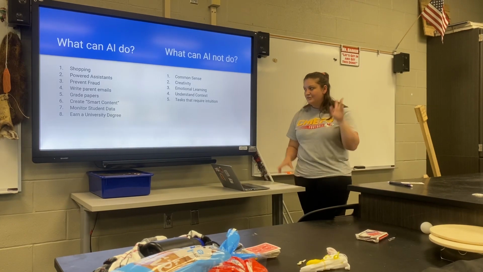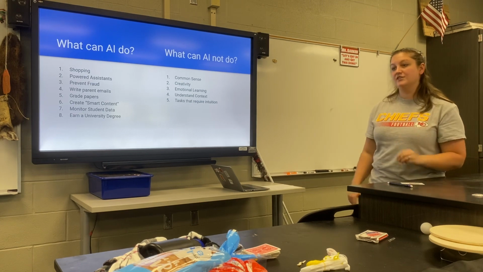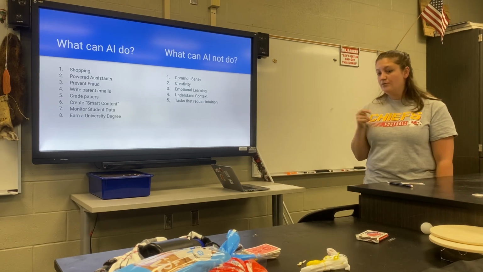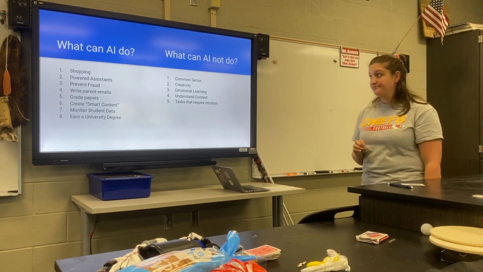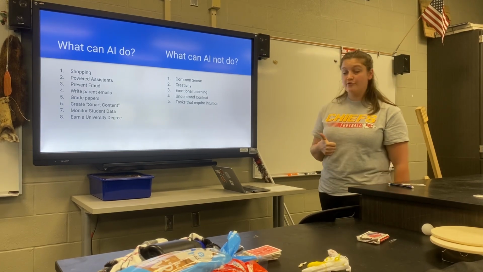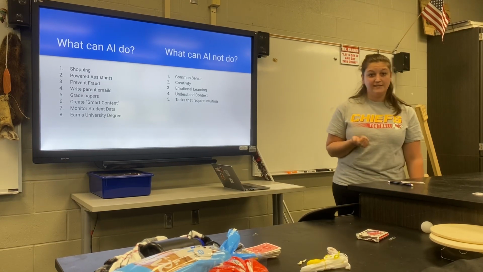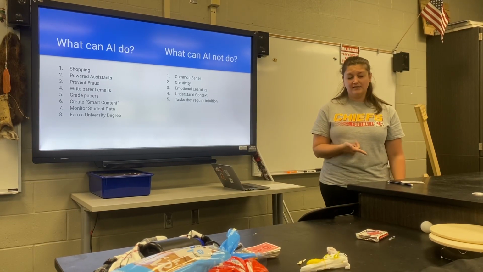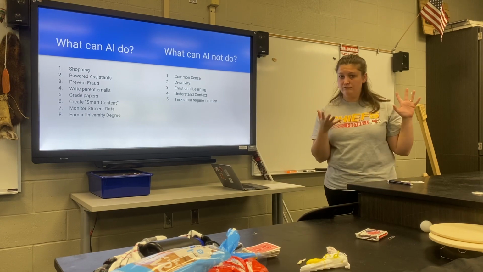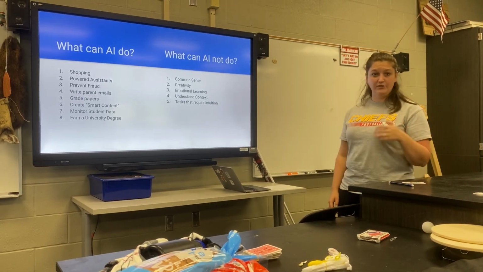Okay. So let's take that and talk about what artificial intelligence can and cannot do, and then we'll kind of answer a few of those questions. So one thing AI can do, it can shop for you. You can go on now and say, hey Siri or hey Alexa, and you can ask it, hey, would you go buy me XYZ? And it'll do it.